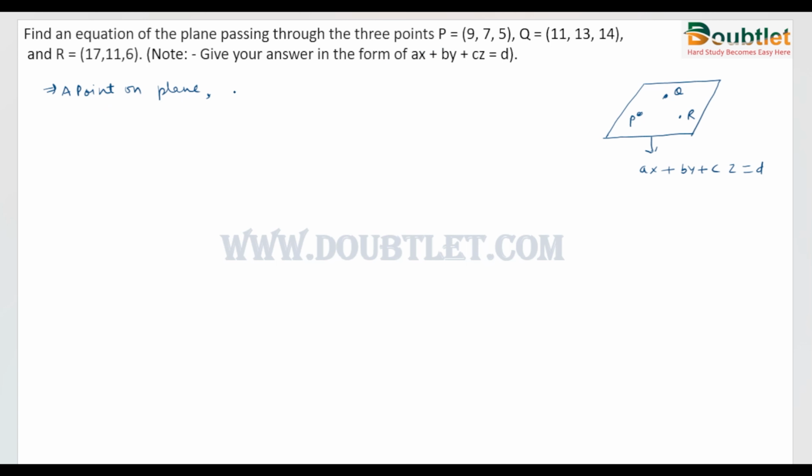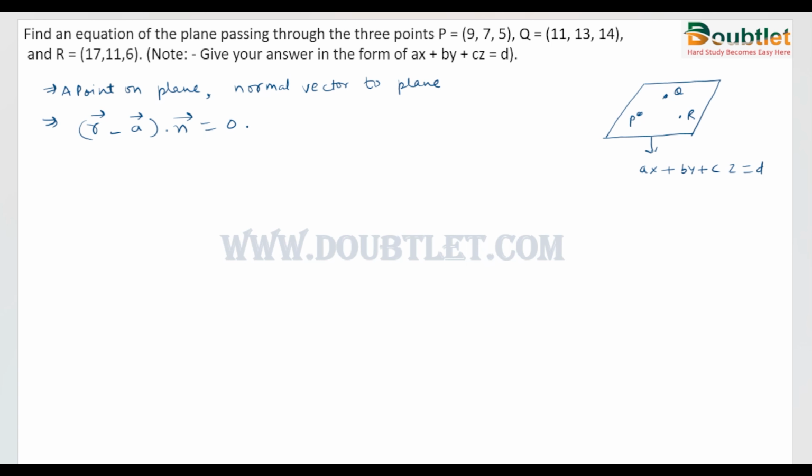And the second thing is the normal vector to the plane. We can write the equation as (r vector minus a vector) dot n vector is equal to 0, where n vector is the normal vector and a vector is the point lying on the plane.